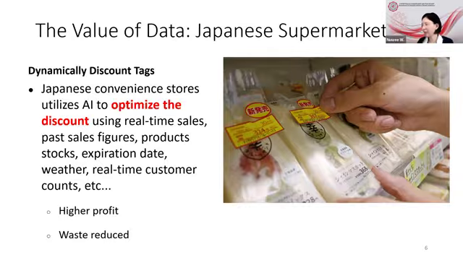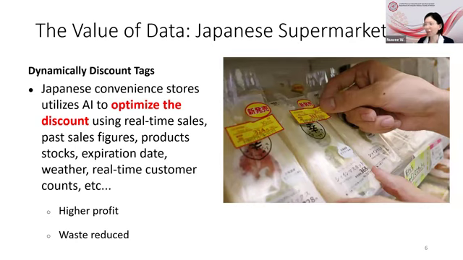So everything in the data set helps them optimize at what time they should discount how much. Let's say at 7 p.m. they just discount 5%. If it's 8 p.m., okay, 10%. If it's already 9 p.m., oh, they need to discount to 20%.